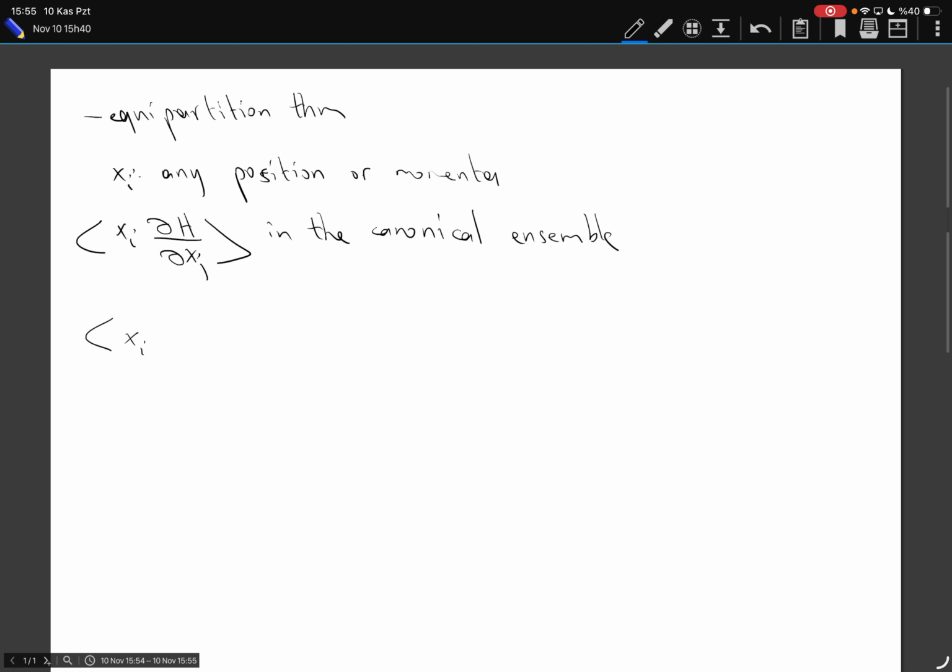Well, the definition of the expectation value is just the sum over all possible microstates of x_i ∂H/∂x_j, times the probability of the microstate.